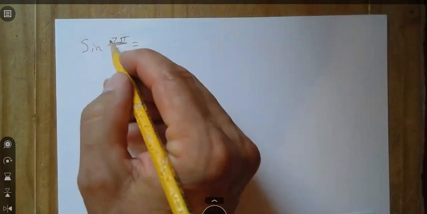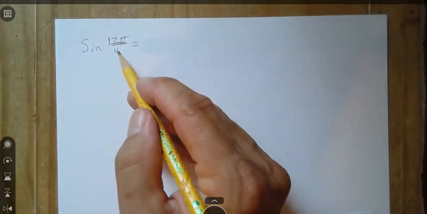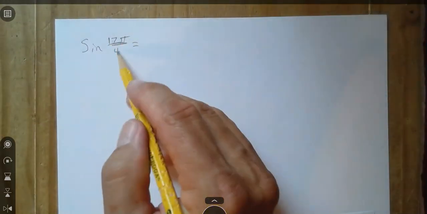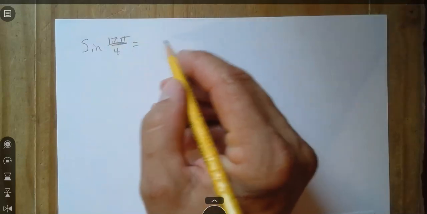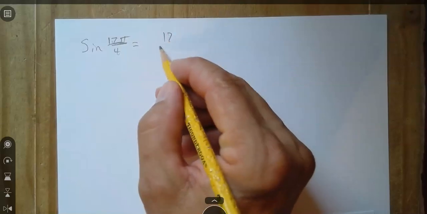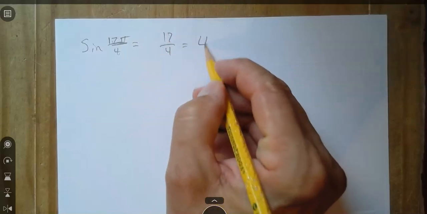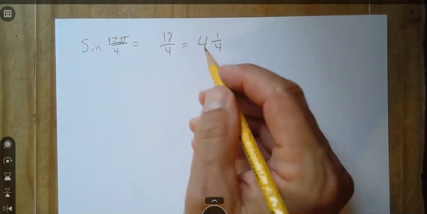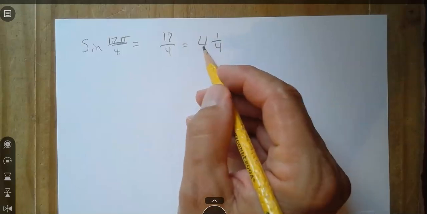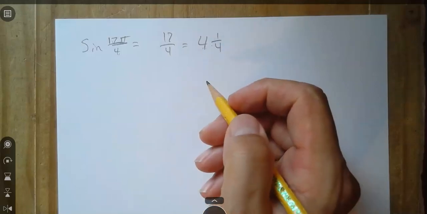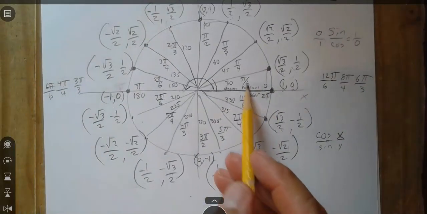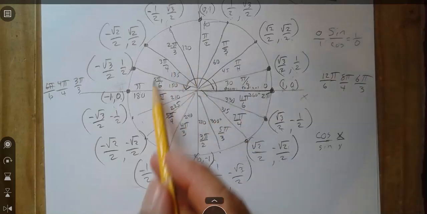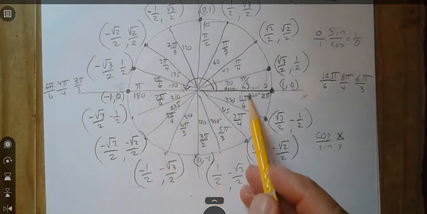So now this is 17 pi over 4. How many times does 4 go into 17? 17 over 4 is 4 and 1/4, so there's going to be 4 pi. We go around 2 pi, we go around 4 pi, and now we're right back here.